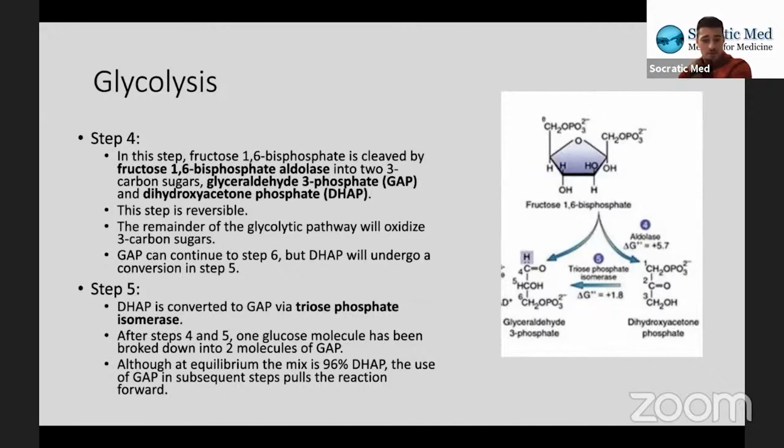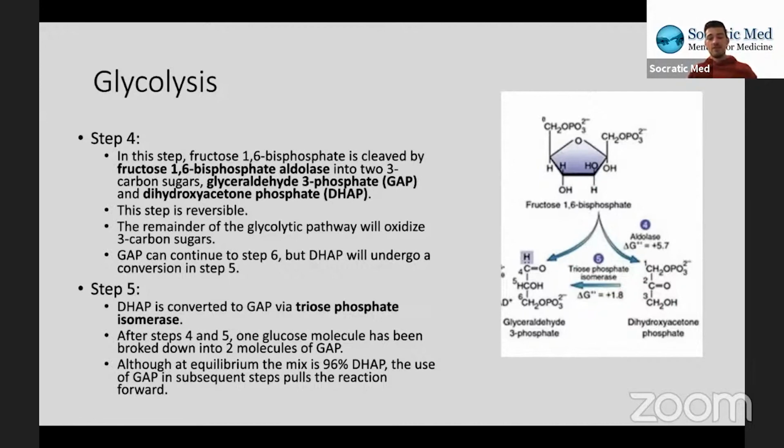It's the same atoms. So after steps 4 and 5, 1 glucose molecule has been broken down into 2 molecules of GAP. After this triose phosphate isomerase works its magic, we have 2 molecules of GAP. And I thought it was also important to mention that at equilibrium, after this step 4, when we have GAP and DHAP, and then we try to convert DHAP into GAP, the equilibrium of that is actually 96% DHAP.